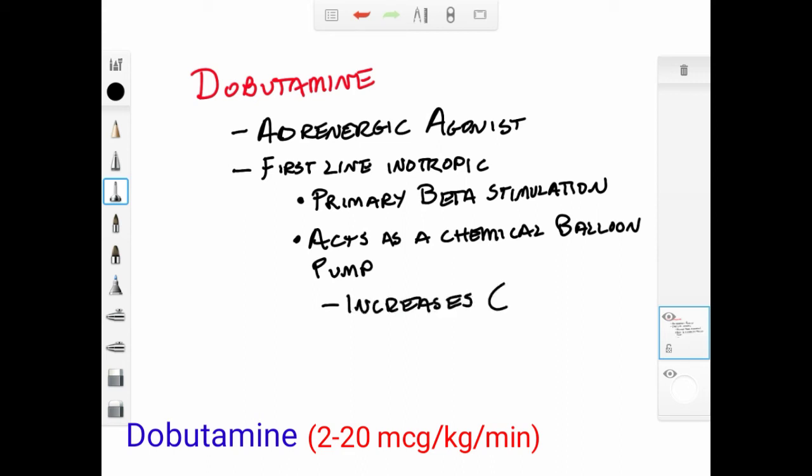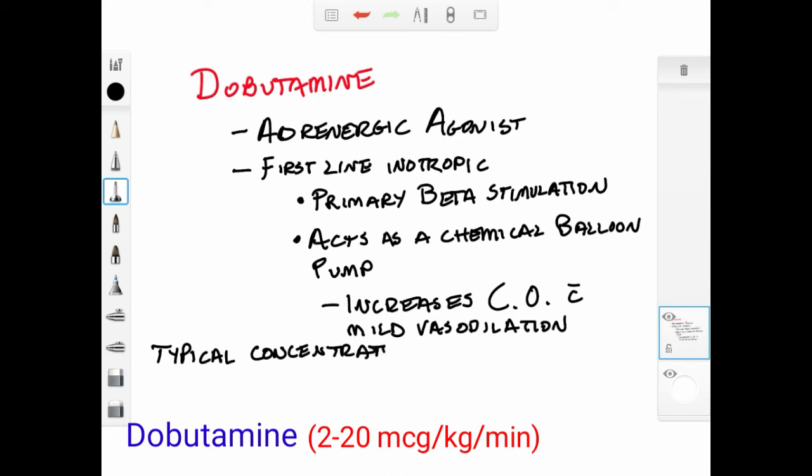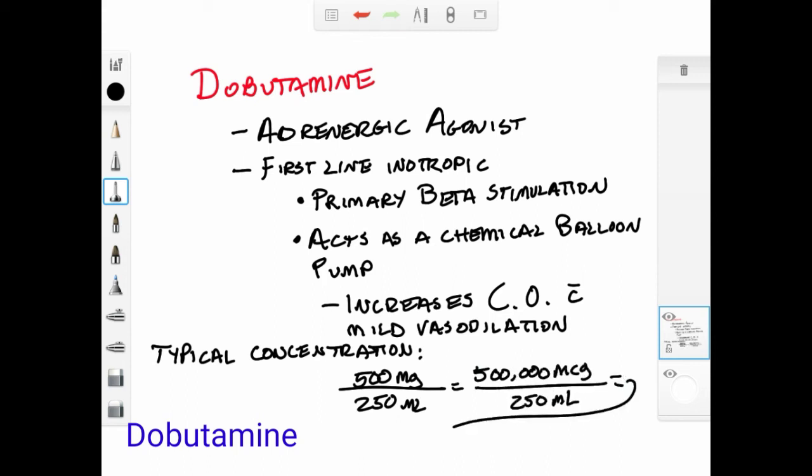You're going to get increased cardiac output along with a little bit of mild vasodilation, so we're reducing afterload. The typical concentration here is going to be 500 milligrams in 250 mLs, which again we convert down to 500,000 mics in 250 mLs, which will convert even further down to 2,000 micrograms per 1 ml.